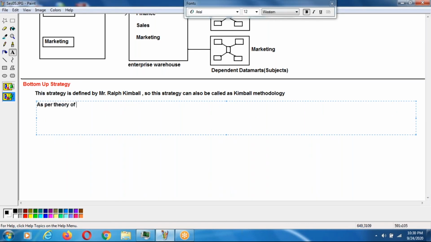So as per Kimball's theory, individual subjects have to be created initially and later integrated to get an enterprise warehouse. Clear?